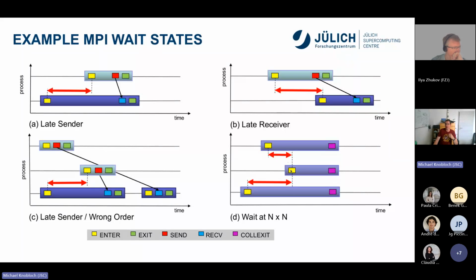Right, so in this case here, this guy enters last, so all the others had to wait for a certain amount of time. Right, again, here we send all the timestamps, and each process then can calculate their respective waiting times.